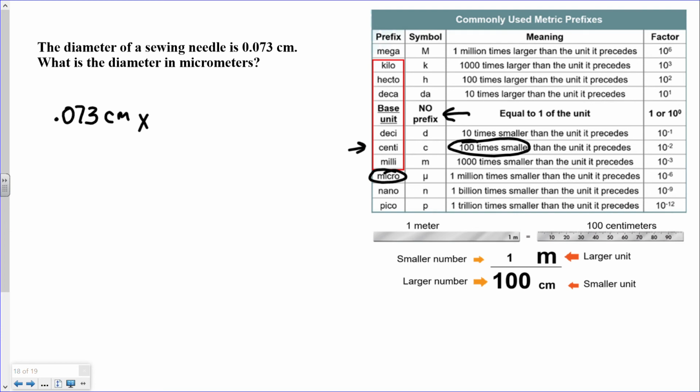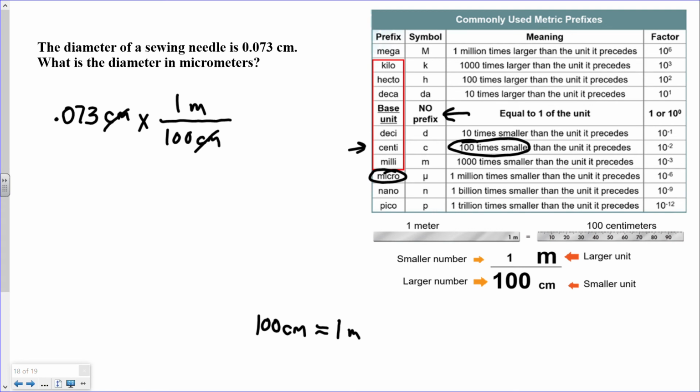So I can say that for every 100 centimeters, that is equal to 1 meter. So that's the first conversion factor I want to use. I'm going to put centimeters on the bottom so that my units of centimeters will cancel, and my 1 meter goes on the top.